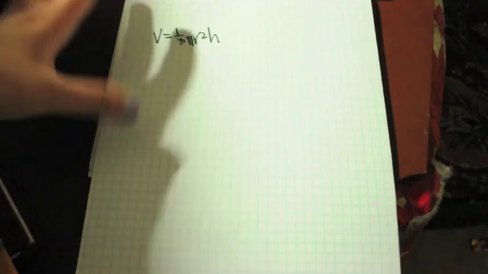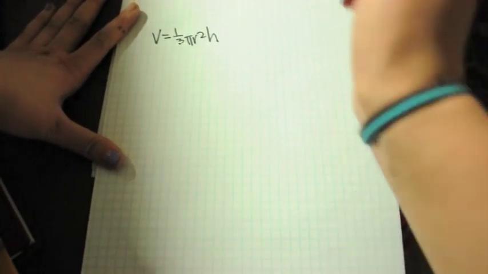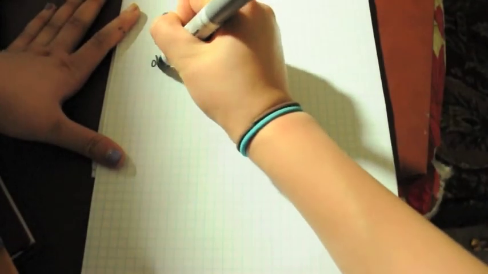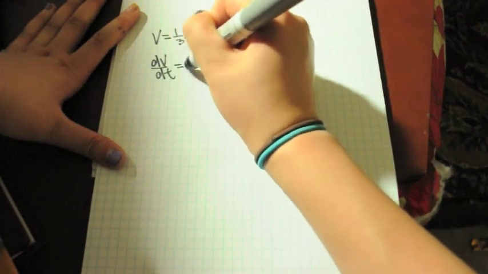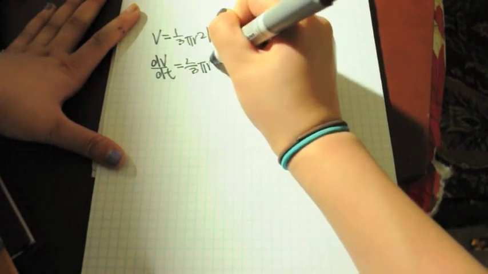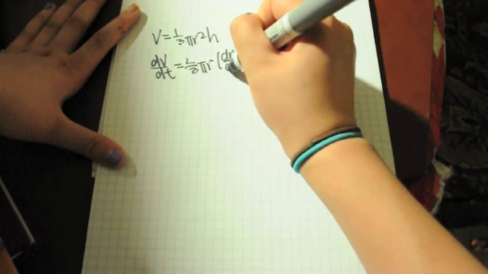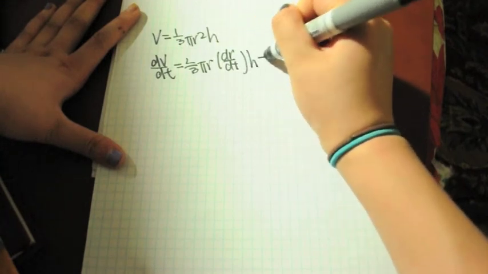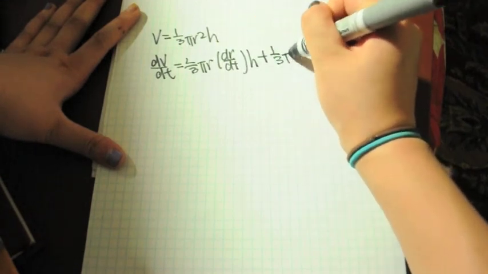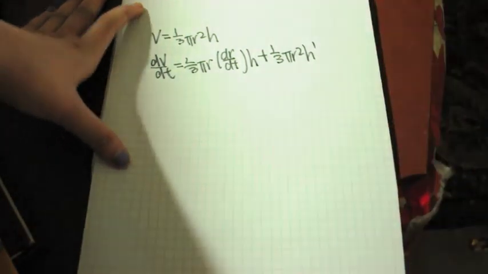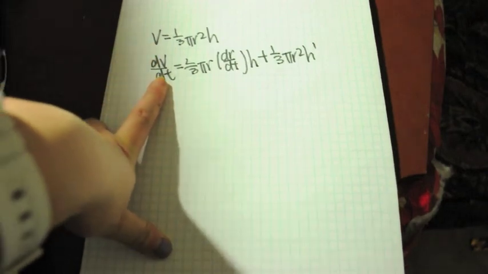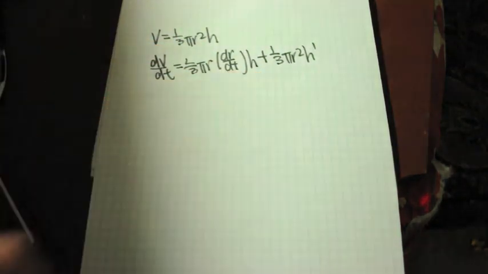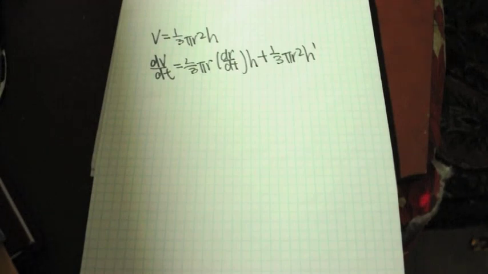However, the only differentiation that can be formulated from this one is an issue, because in this equation we know what dV/dt is and we know what h is, because they were given to us in the initial problem.